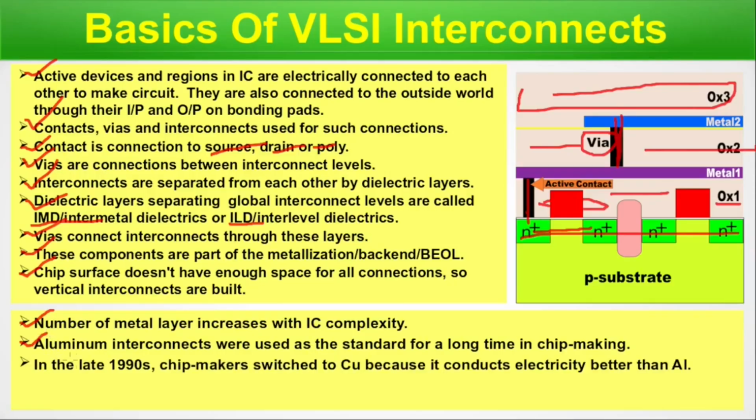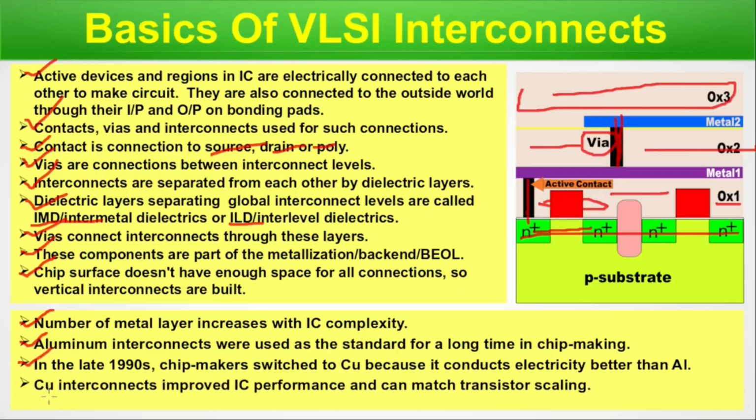In the late 90s, chip makers switched to Cu because it conducts electricity better than aluminum. Cu interconnects improved IC performance and can match transistor scaling. This whole fabrication method and nodes have followed Moore's law in the last few decades to increase the number of transistors in the same area. Device dimensions have been scaled. So when device dimensions are scaled, obviously these vias and interconnects also have to be scaled. Otherwise, it will be this kind of structure.